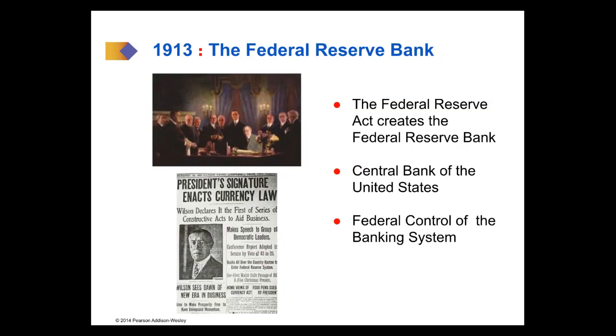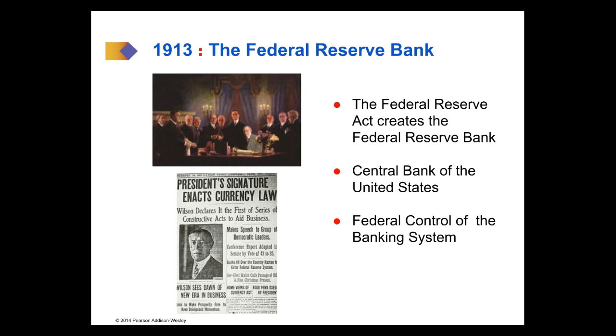In 1913, Congress passed the Federal Reserve Act and created the Federal Reserve Banks, which we call the Fed. This was the central bank of the United States, and in effect, what happened? This created federal control over the banking system.